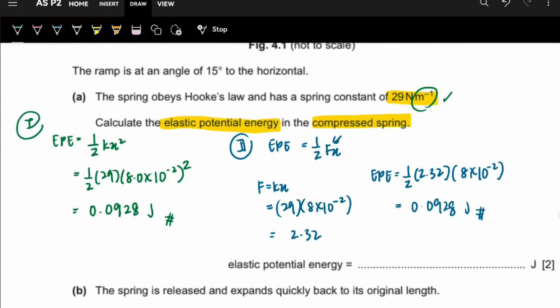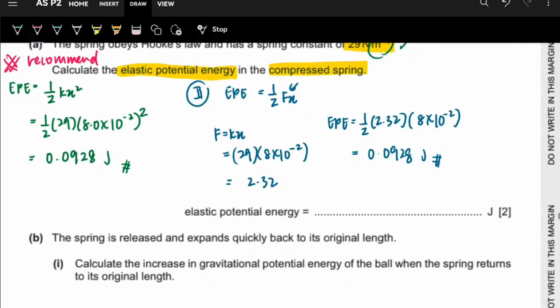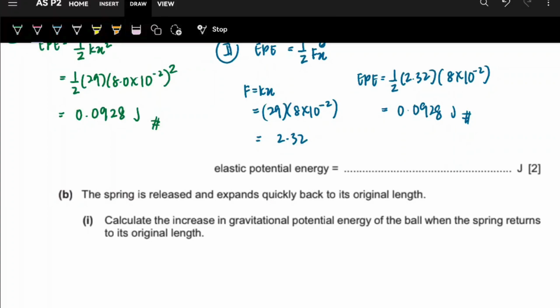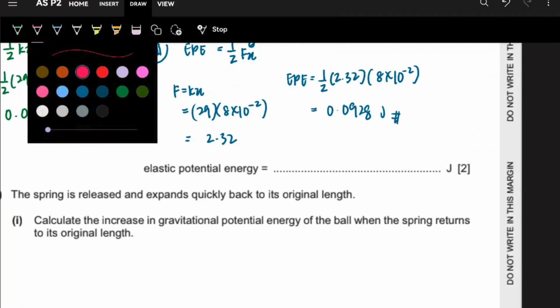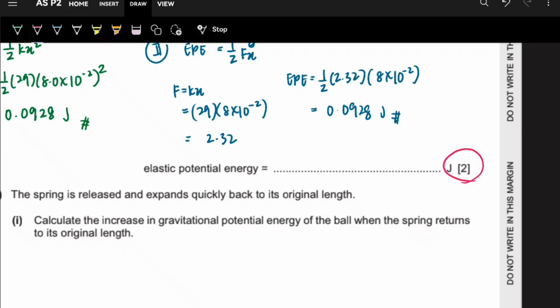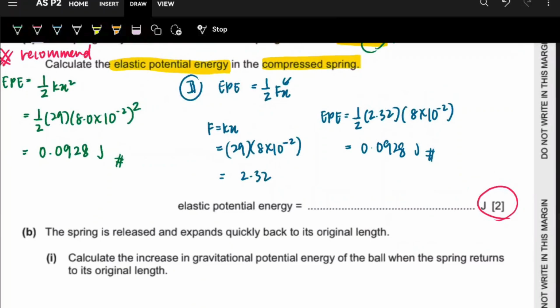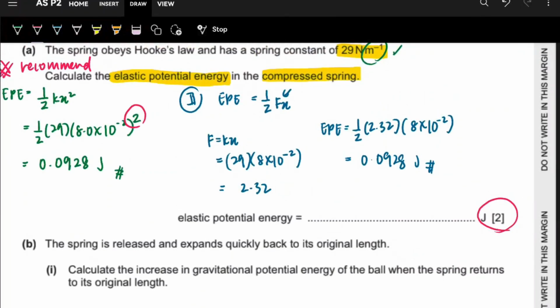If you ask me, to save time, I would definitely recommend the first method, because you just have to sub in the formula, right? Okay, that's it. Just nice, you got your 2 marks. Make sure your units are careful, and if there's a square, don't forget to square.